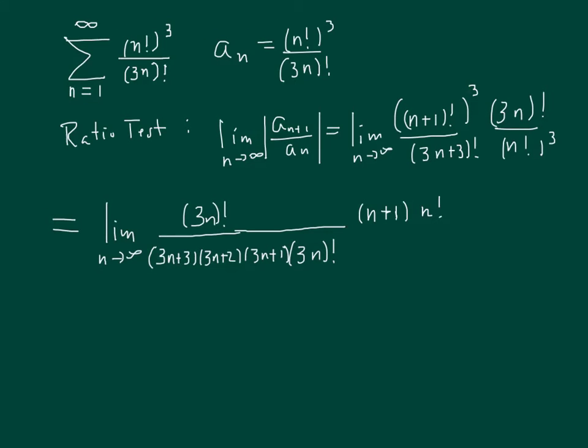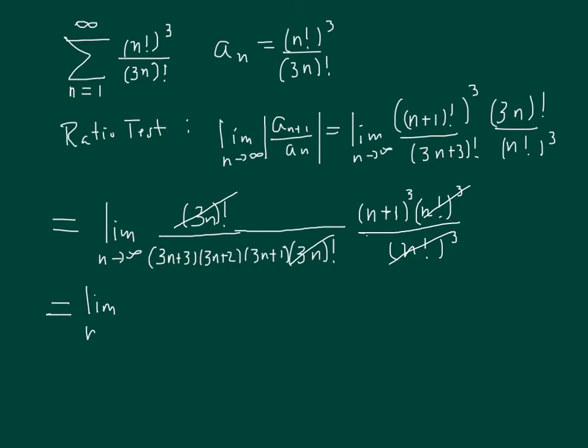The entire expression is cubed, so I'm going to cube each one of these separately, just using distribution of the exponents over that multiplication. That is divided by our (n factorial) cubed, and now we can see what cancels here. That and that cancel, that and that cancel.